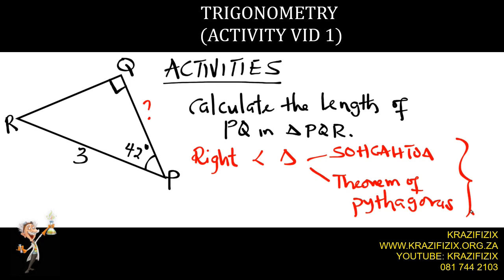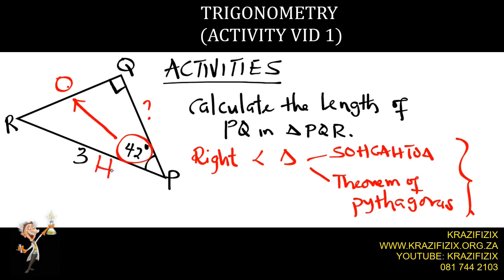My Pythagoras would not work because I've got two unknowns. But let's see something. I have this angle here. The side facing the angle is called the opposite. That's my opposite side. It's opposite the angle. The side facing the angle 90 is my hypotenuse.